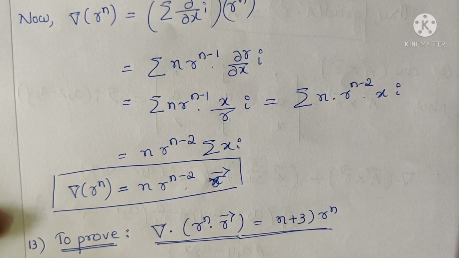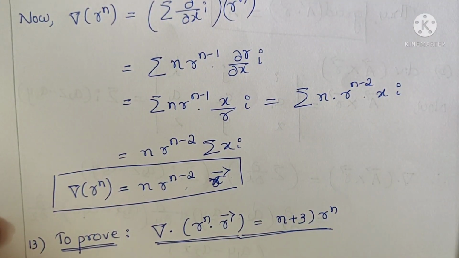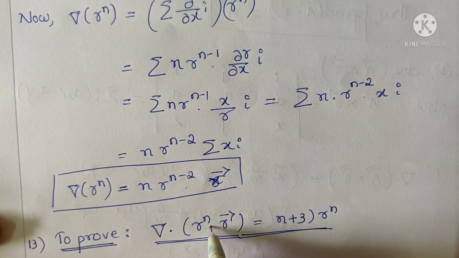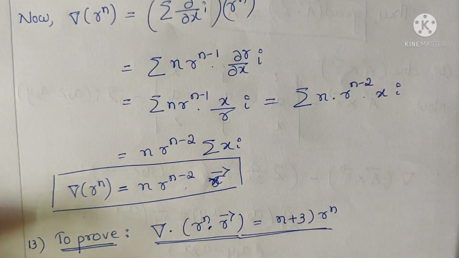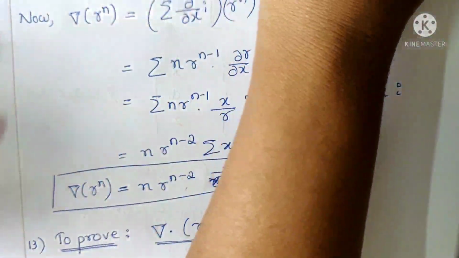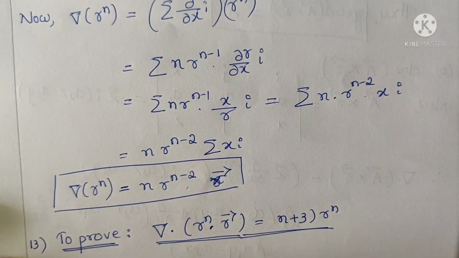So for this, first let us find r^n into vector r. Here it is not a dot product, it is a multiplication, r^n into vector r, then del dot r^n vector r.